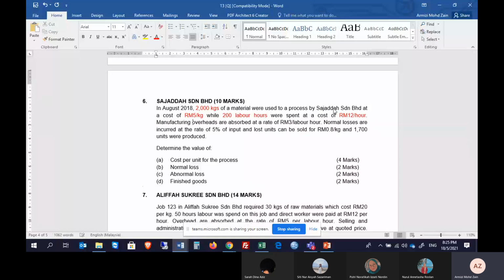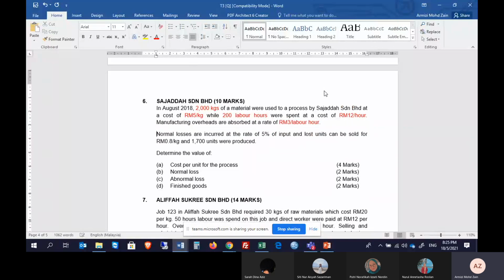Manufacturing overhead, or overhead only, was absorbed at a rate of RM3 per labor hour. Normal loss: normal losses are incurred at a rate of 5% of input, and loss units can be sold for RM0.8 per kg, and 1,700 units were produced.